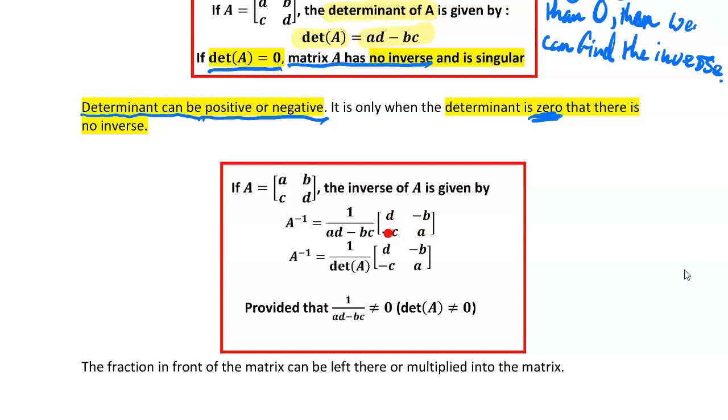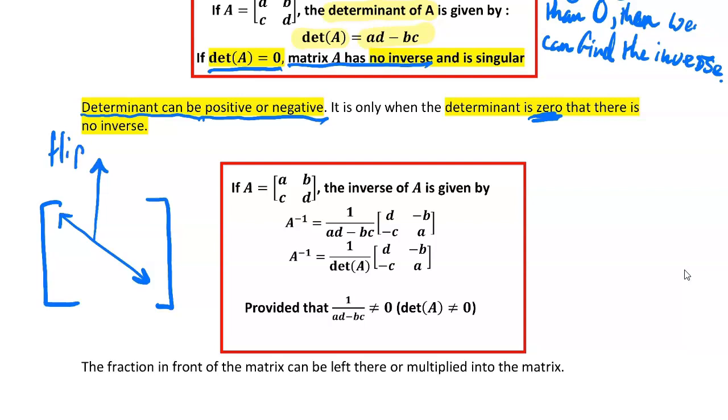Now on this other diagonal, we times those numbers by -1. If you think about it, we flip that diagonal.